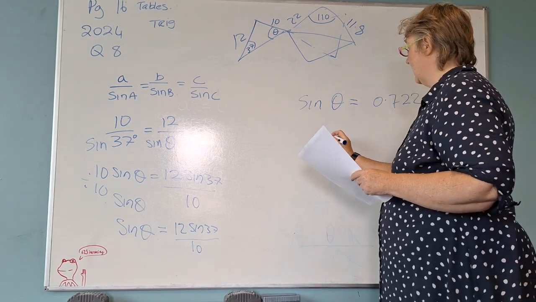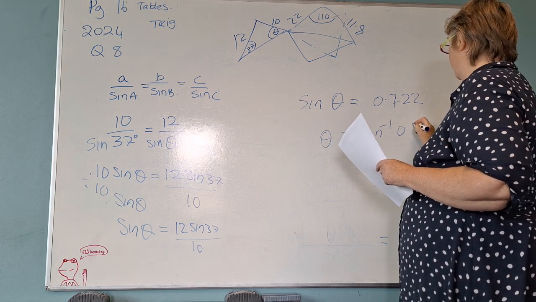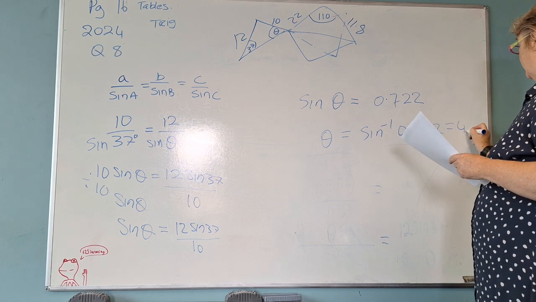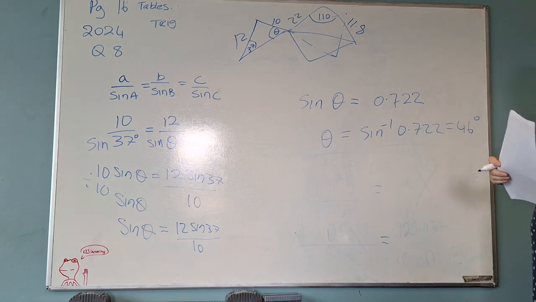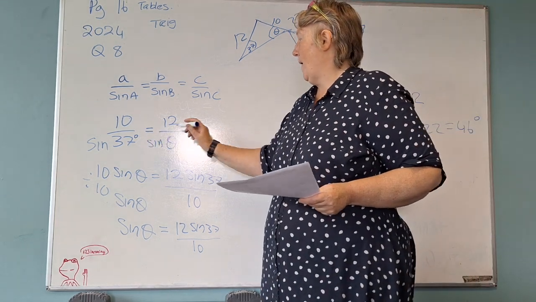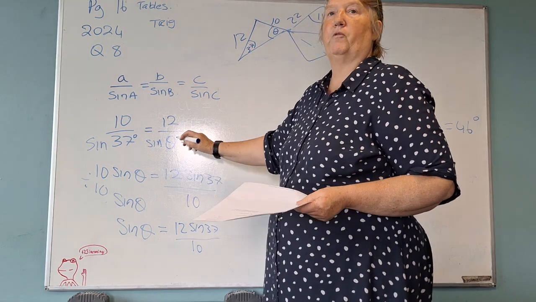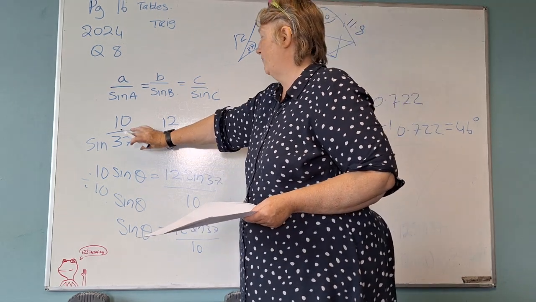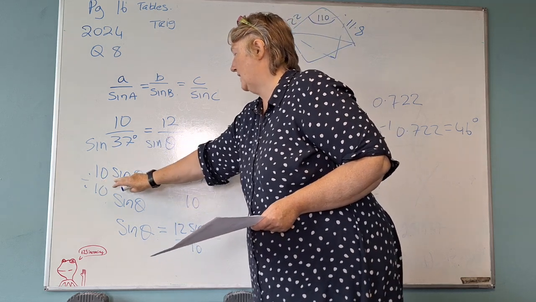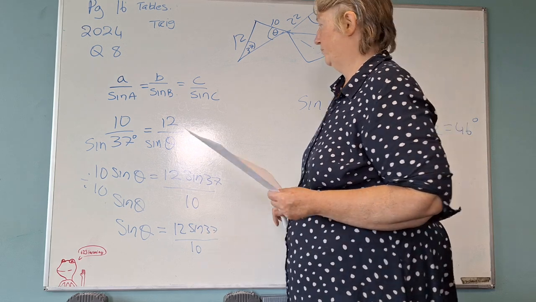So to get theta, you get the inverse sine of 0.722, and that gives you 46 degrees. Just to quickly refresh that, when you get to here, multiply by the bottom of both fractions. So multiply everything here by sine theta and everything here by sine 37, and you end up with 10 sine theta equals 12 sine 37.